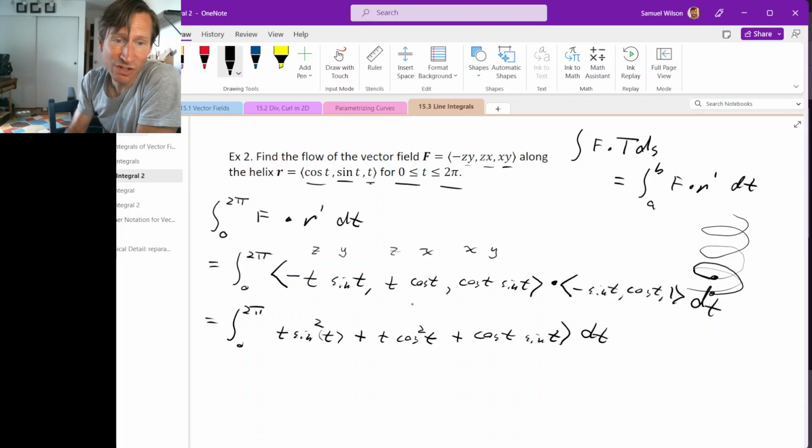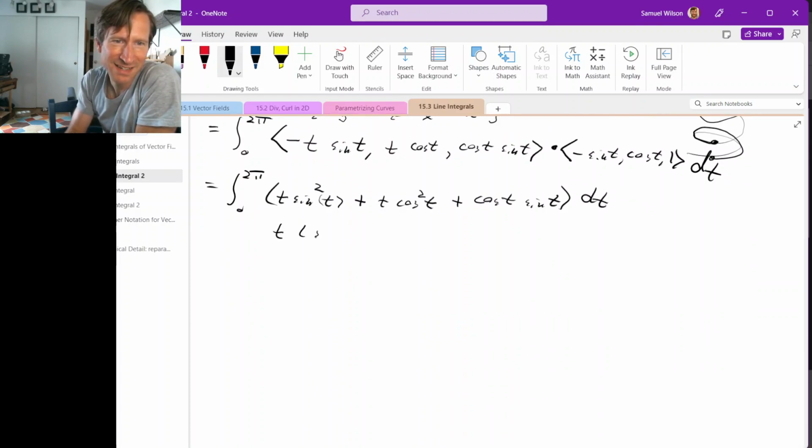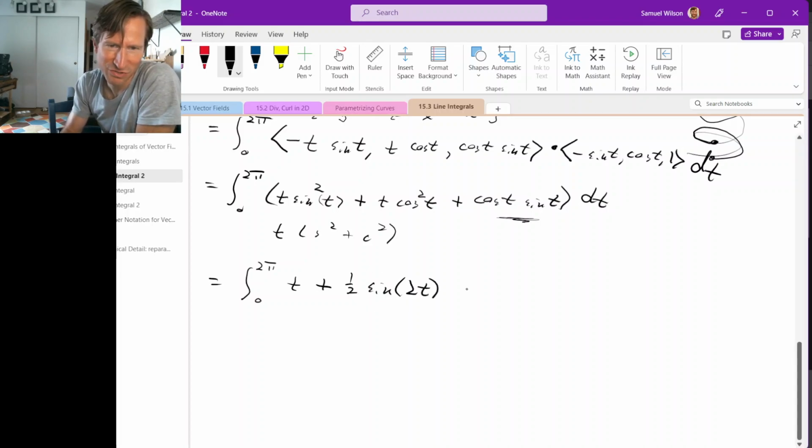All right, this looks a lot better now because with the sine squared and cosine squared parts, we can factor out a t to get a sine squared plus cosine squared, but sine squared plus cosine squared is 1. So this is going to give us the integral from 0 to 2 pi of t plus cosine t times sine t, but that's 1/2 sine 2t, right? And so this is going to be straightforward to integrate.